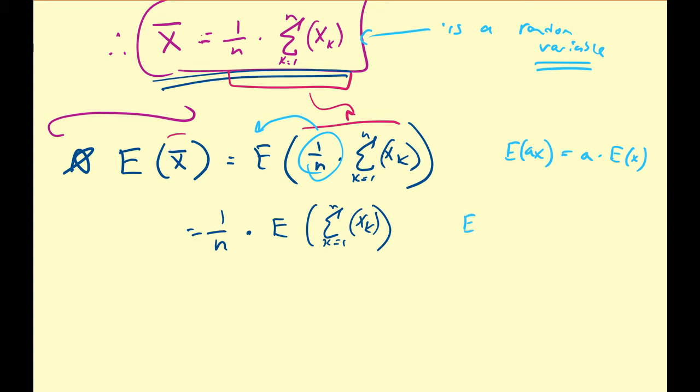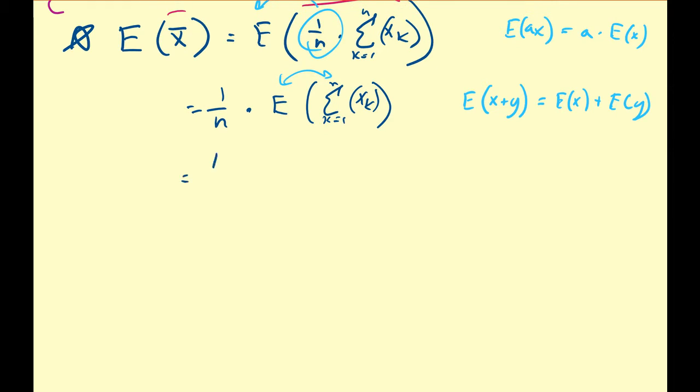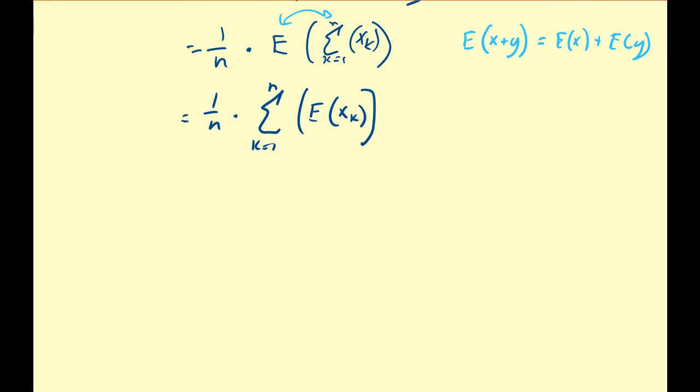Also recall another property, that the expected value of the sum of two random variables is equal to the sum of their expected values. So I can interchange the expected value and the sum in this expression, and that gives me 1 divided by n times the sum from k equals 1 to n of the expected value of xk. So it's the sum of all the expected values for each of these random variables.